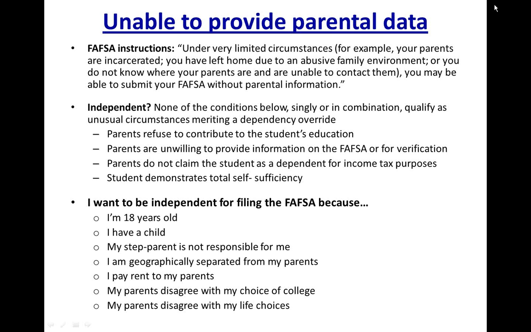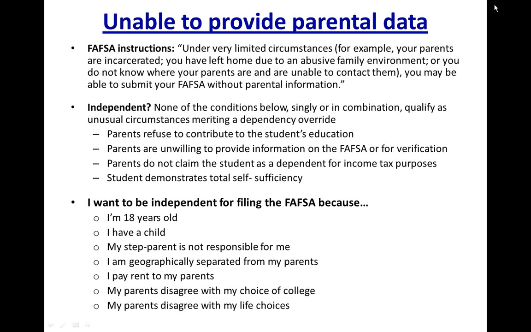If a student is unable to provide parental data for the FAFSA, the instructions indicate, under very limited circumstances, for example, your parents are incarcerated, you have left home due to an abusive family environment, or you do not know where your parents are and are unable to contact them, you may be able to submit your FAFSA without parental information.